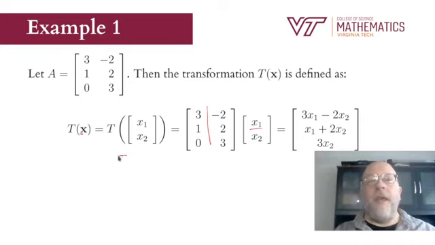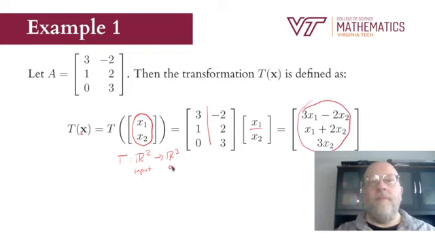We also say that this is a transformation from vectors in R2 to vectors in R3, because our input vector had only two elements in it, but our output vector has three elements.